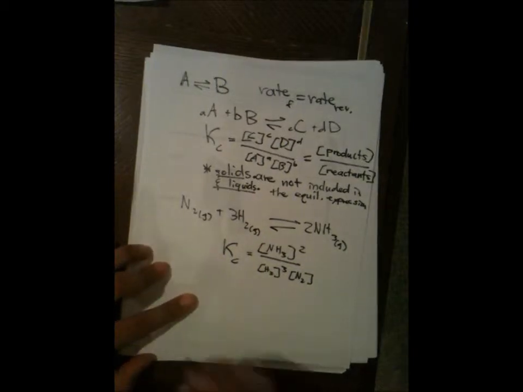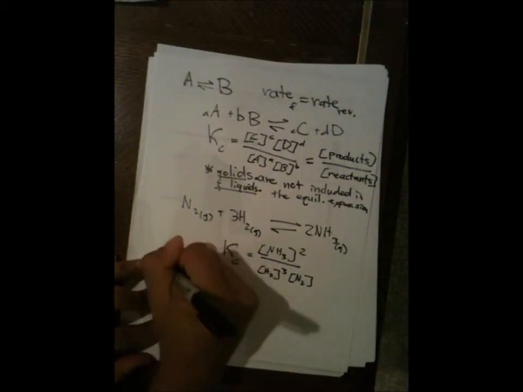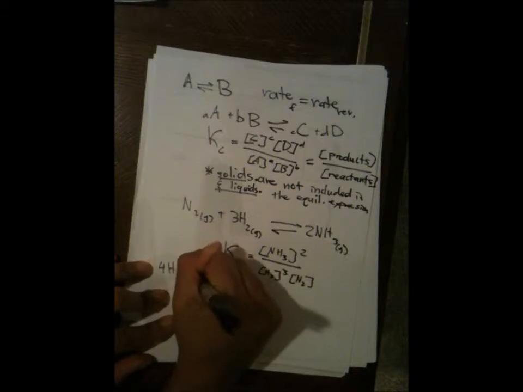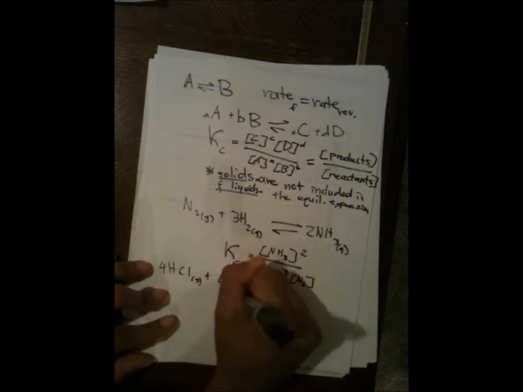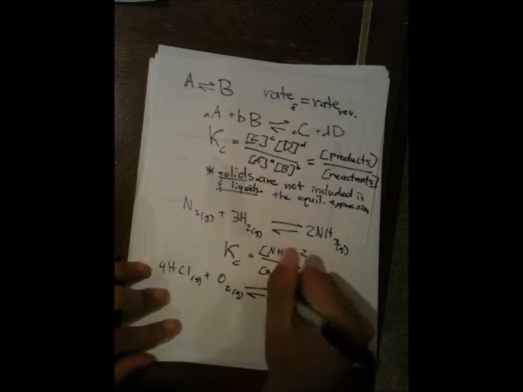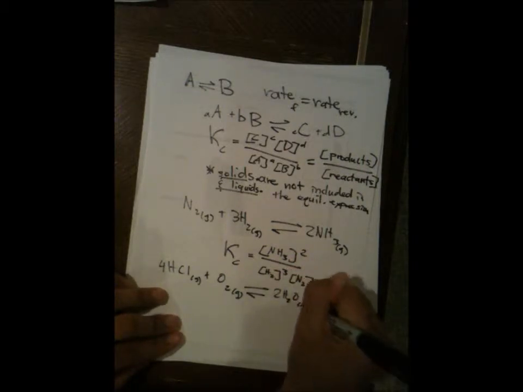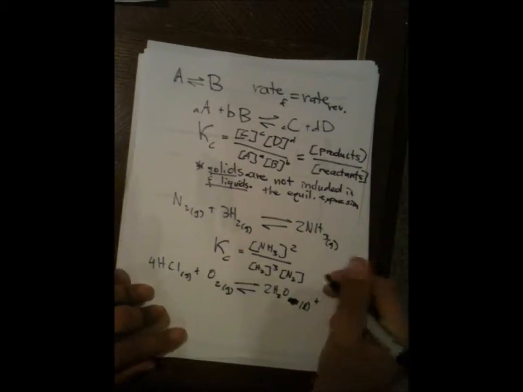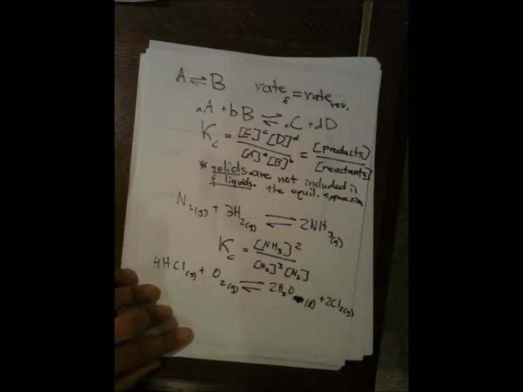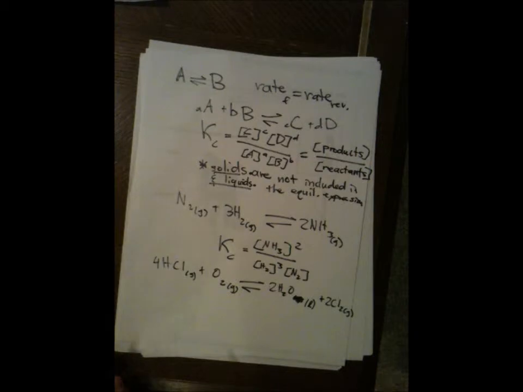But let's take a different scenario: 4HCl gas plus O2 gas in equilibrium with 2H2O liquid plus 2Cl2 gas. So in this one, what do you see? You see gas, gas, liquid, gas.